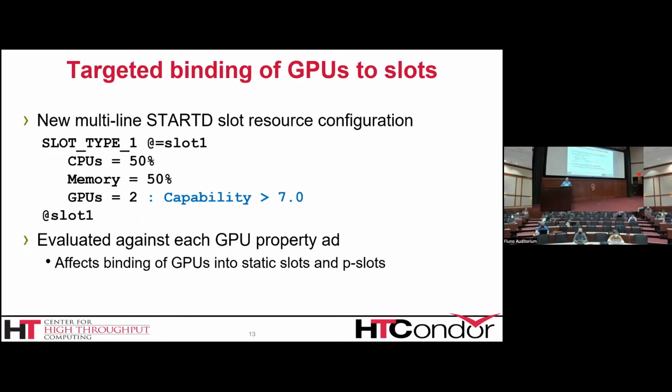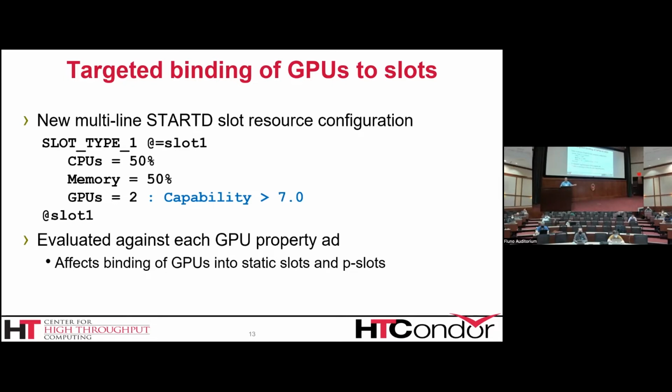And then the only other piece we need is a way, at the time we are binding GPUs into slots, of using that GPU property ad to control which GPUs get bound. And there's a new mechanism in the startd for static slots and for partitionable slots, where when you describe the slot resource bag, you do this.